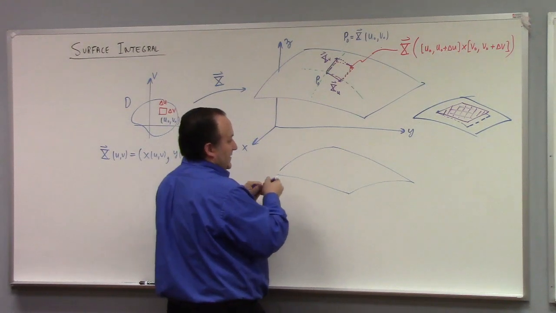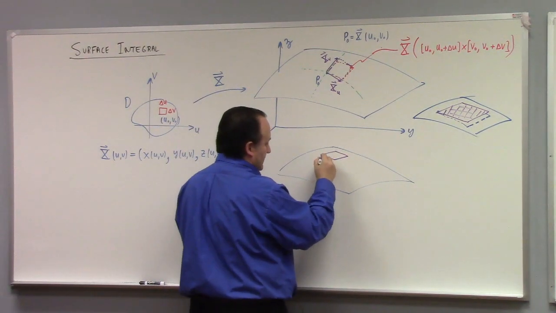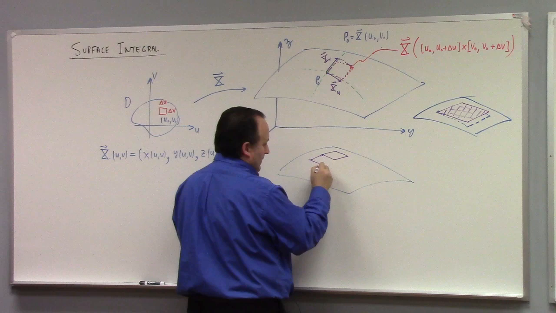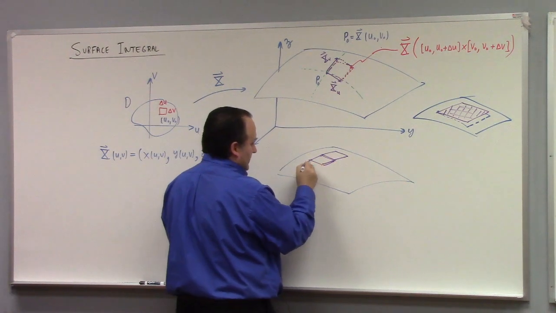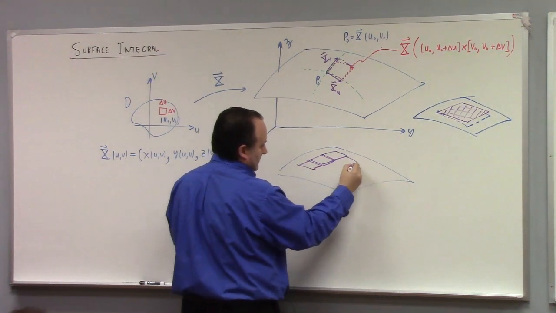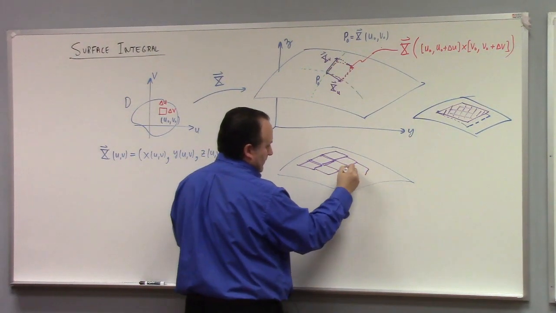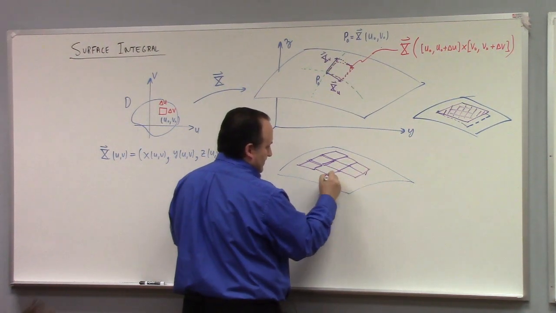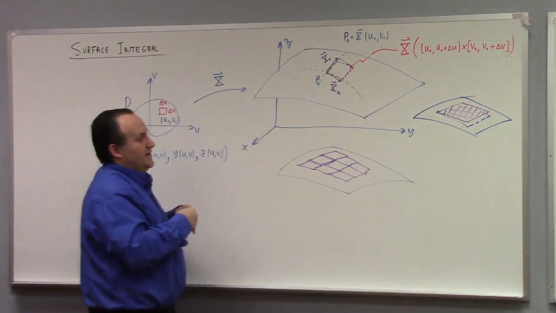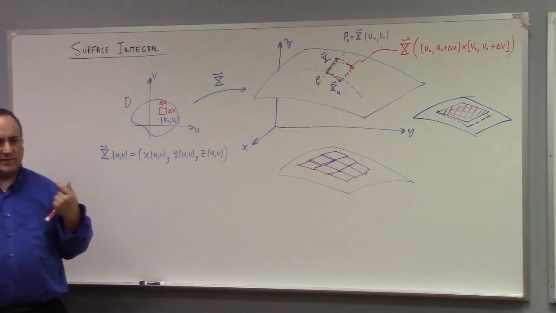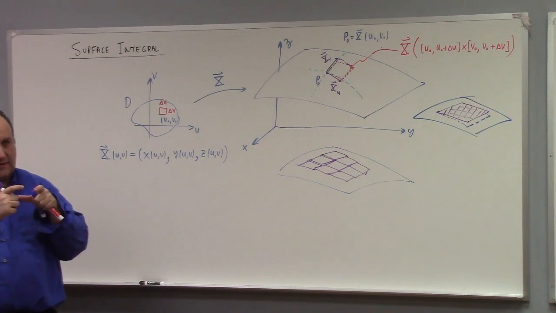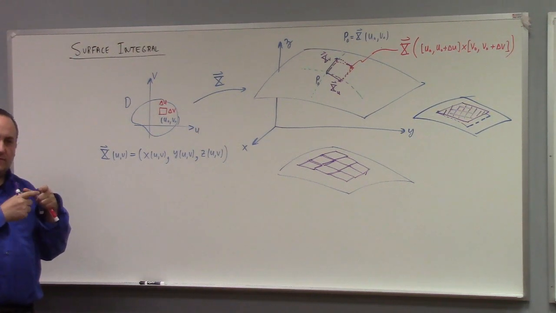Something like we're approximating the surface with little planes. And that gives me a way to replace the surface with a tiny little plane that's pretty close to the surface, approximately speaking.